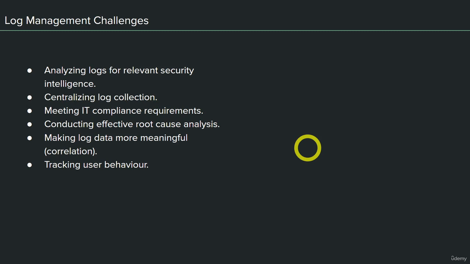That's the main feature to add value to your logs. You can create rules that alert on certain conditions, and you want to have correlation available between your different systems.